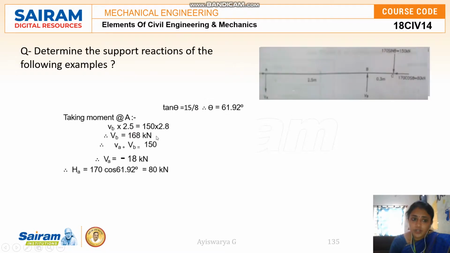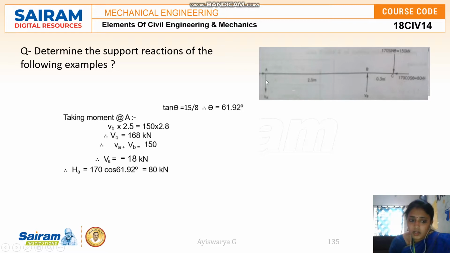Okay, so the next numerical is, determine the support reaction of the following example. So this is a simple beam. Okay, here you can see a simply supported beam, but here the reactions are on different sides, right?